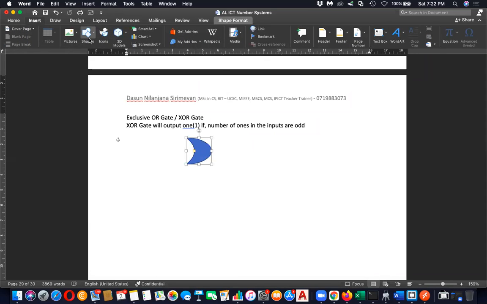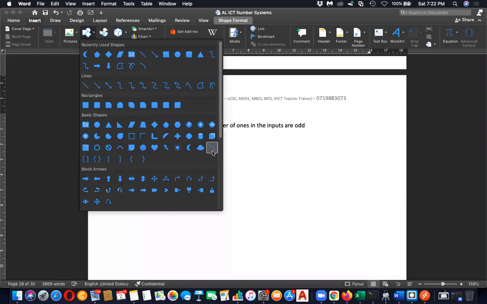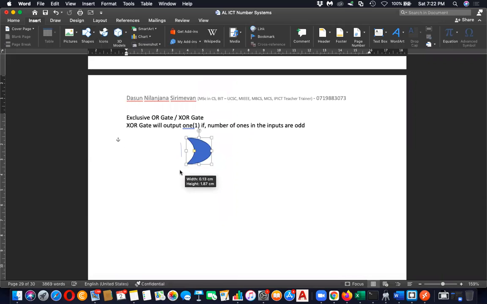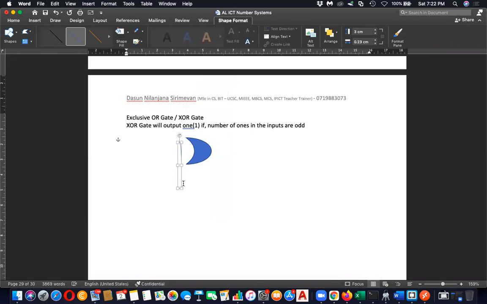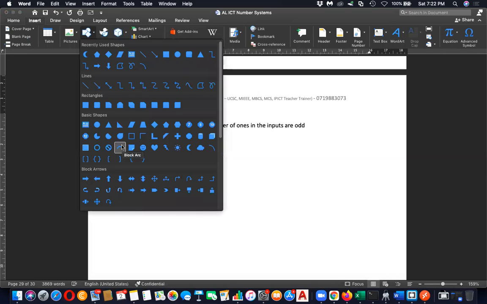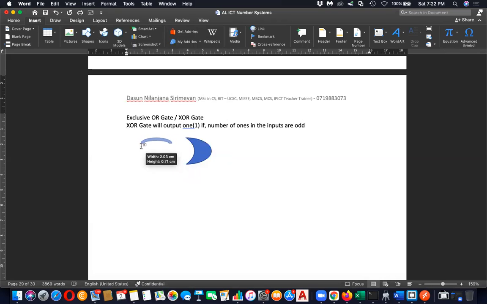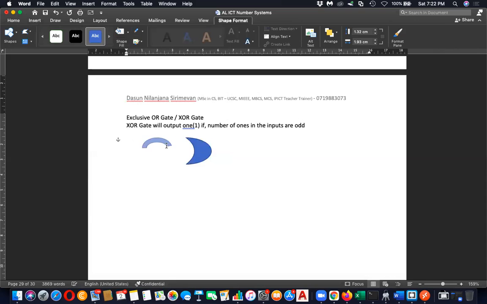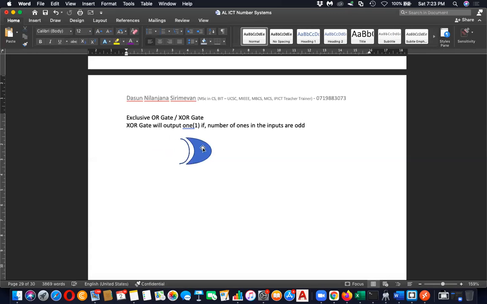In addition to this curve, there's another one. You have something like this.